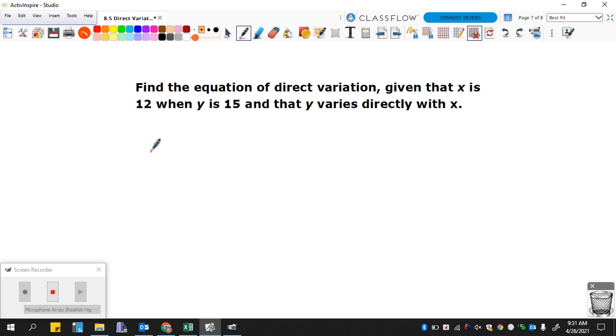Okay, find the equation of direct variation given that x is 12 when y is 15. Remember we just said k is equal to y divided by x, so y is 15, x is 12.